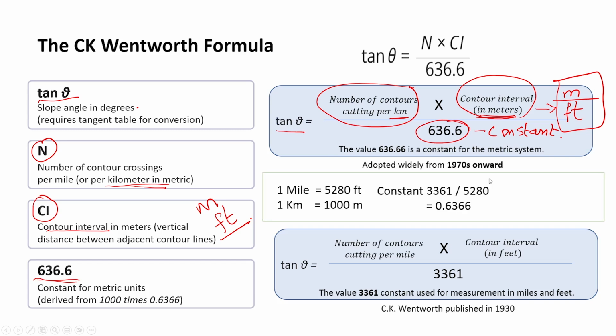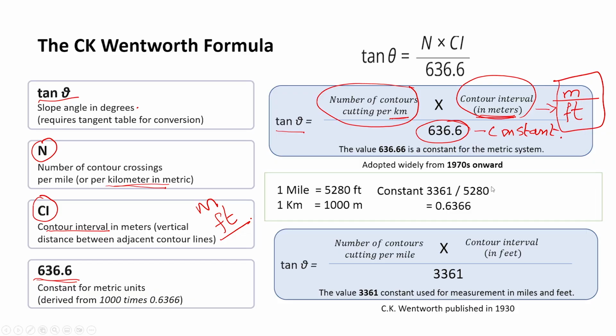The value of the constant is determined by the unit of measurement that is used. If your topo sheet has units as miles and the contour intervals are in feet, then your constant is going to be .6366 multiplied.